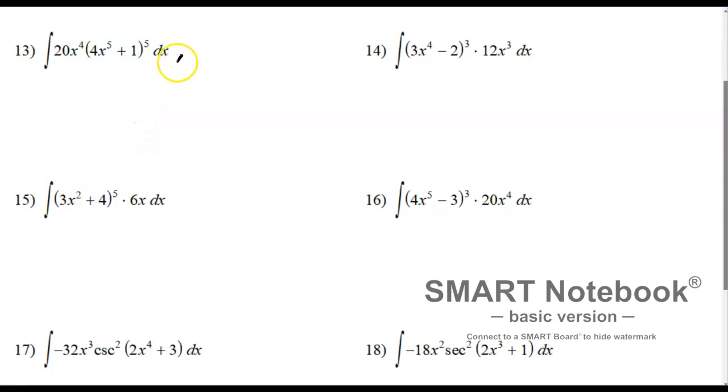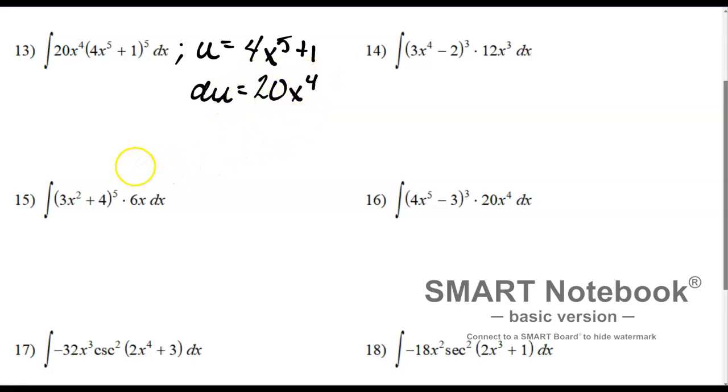Hopefully by now you've bought into the fact that if I can perfect this u, I can pretty much integrate anything. That's the right attitude. So let's identify u as 4x to the 5th plus 1, and du is obviously 20x to the 4th.